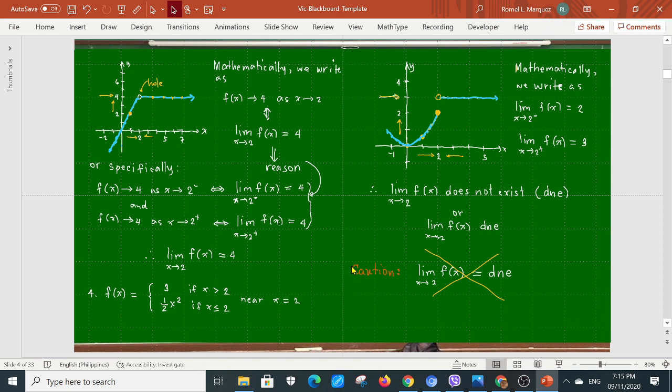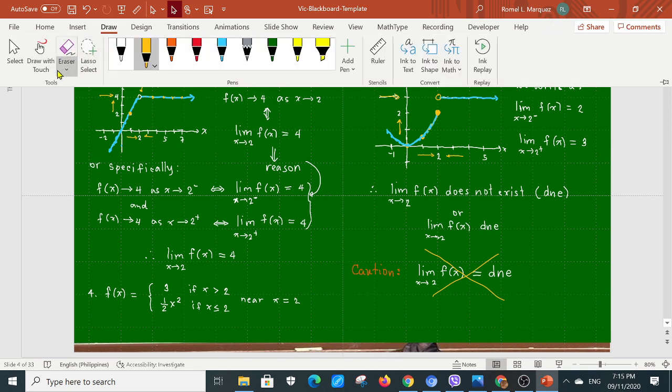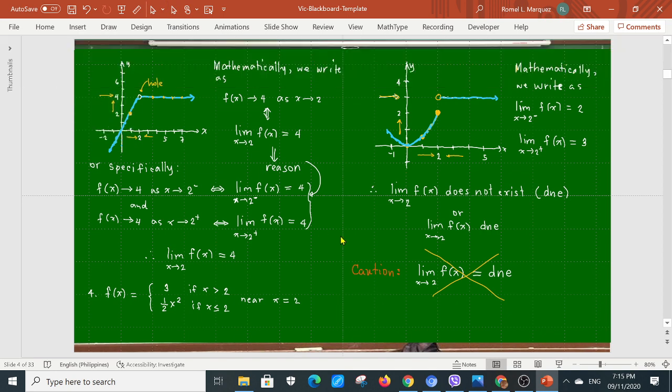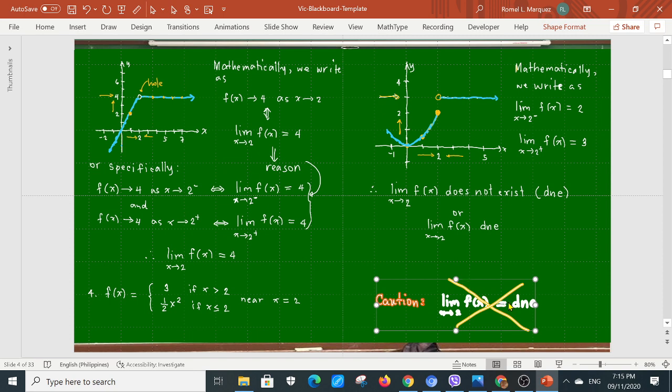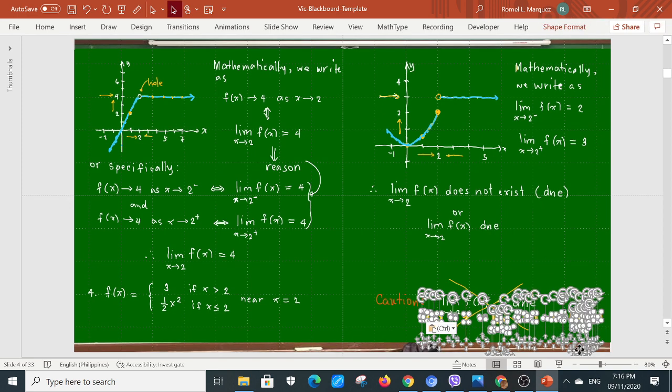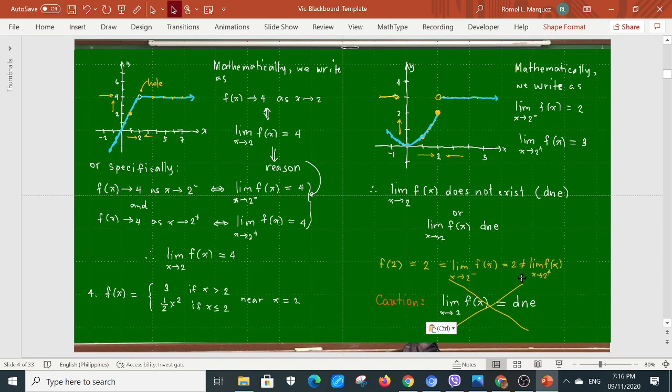Control X. I'll try to move this so that it's nice. Let me move it here. Okay, and then I'll try to move this here. There.